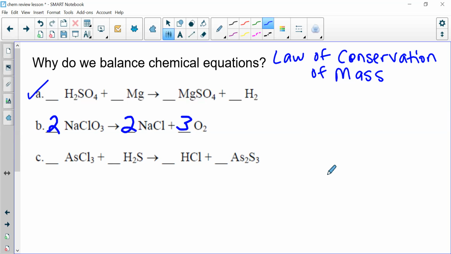How about C? I have arsenic trichloride plus hydrosulfuric acid makes hydrochloric acid and arsenic trisulfide. What do I have to balance here? Would you put a 2 in front of AsCl3 and then a 3 in front of H2S and then a 6 and then 1?